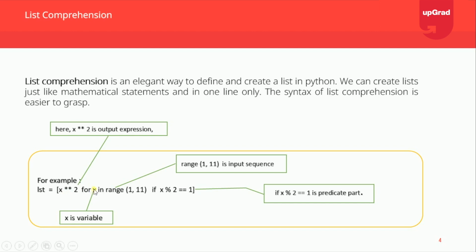But there is a condition here, also called the predicate, which means that only those x will be calculated if the remainder of x after division by 2 is 1, which means an odd number. This lst is a user-defined object. It will contain a new list with the squares of odd numbers.